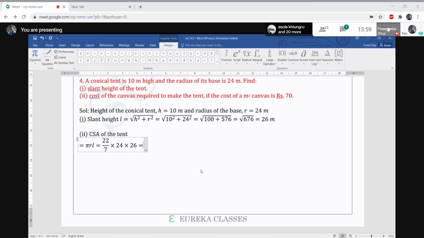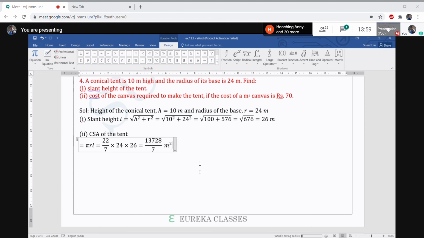In this case you have to multiply everything. But don't multiply yet, I'll show you something. You have to multiply the numerator first. Let's multiply 22 into 24 into 26. We are getting 13,728. 13,728 by 7 meter square.